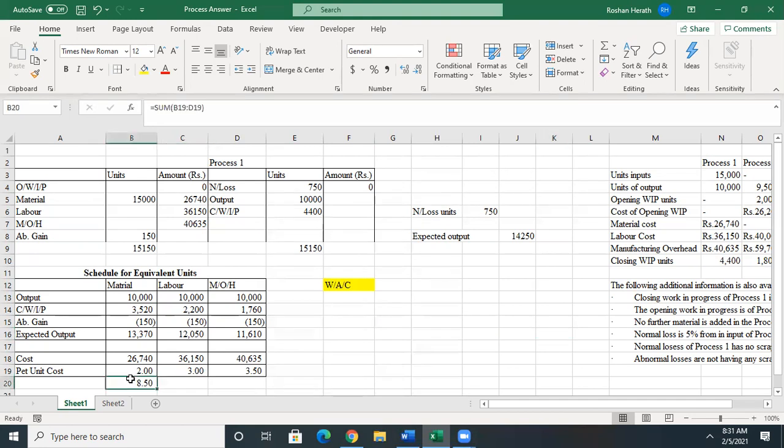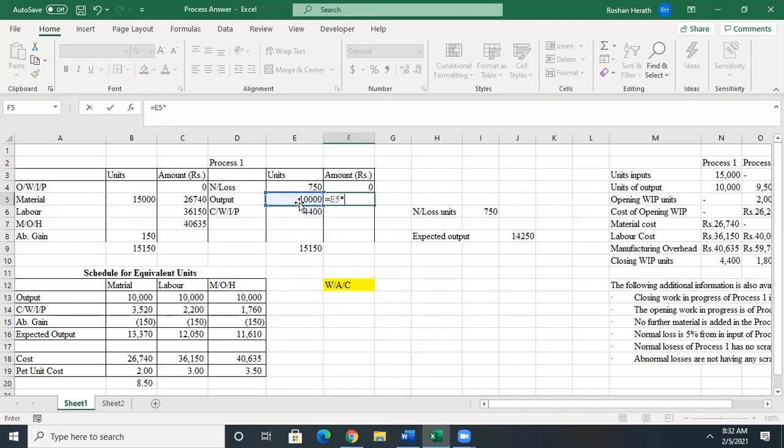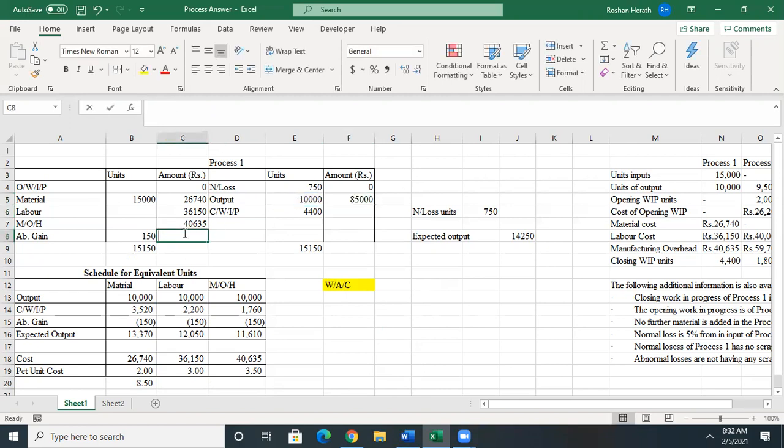Okay, now let us take this. It's 8.5. You can simply take this 10,000 multiplied by 8.5, 85,000. Also, this 150, take them multiplied by 8.5. That's it. Now, this is the most important one, the closing WIP valuation.